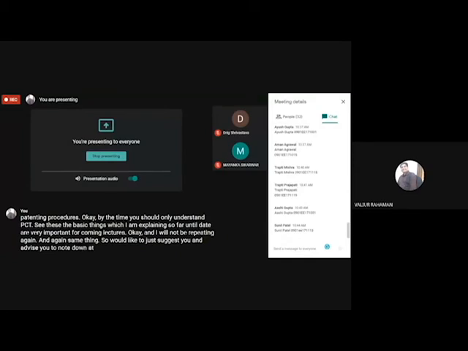So PCT means Patent Cooperation Treaty. It has its own procedures of filing. It has its own procedures of search and written opinion.